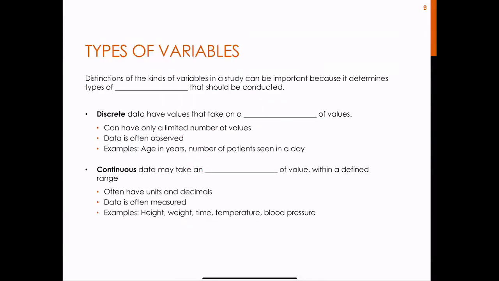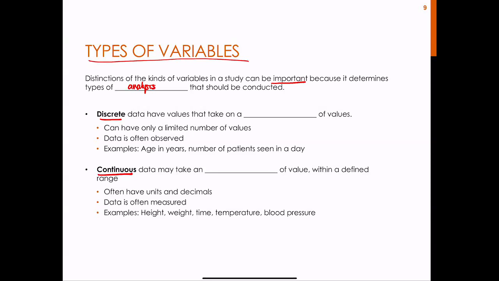In this slide, we can talk about the types of variables. It is important to know what kinds of variables we're working with, because the distinction of kind of variable in a study determines the type of analysis that should be conducted. Specifically, quantitative variables can either be discrete or continuous.